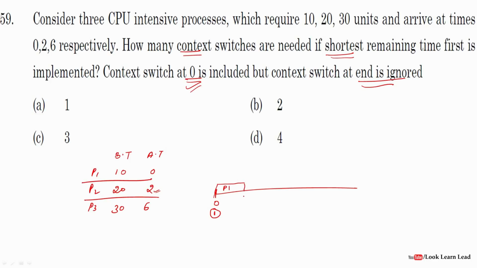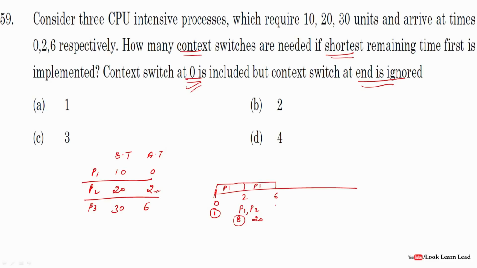At 2 we have P1 and P2. The remaining time for P1 is 8 and for P2 it is 20. So the shortest remaining time is 8, so P1 would run till 6. No context switching has occurred.